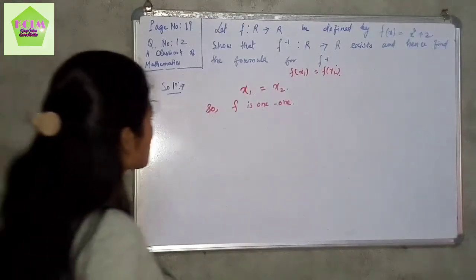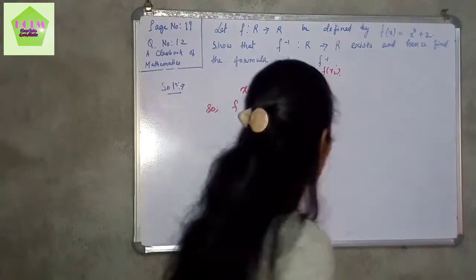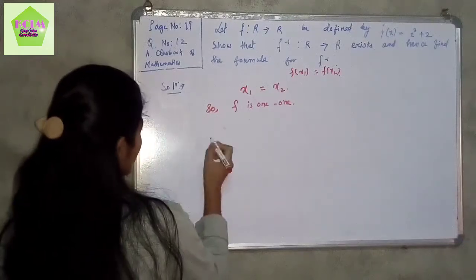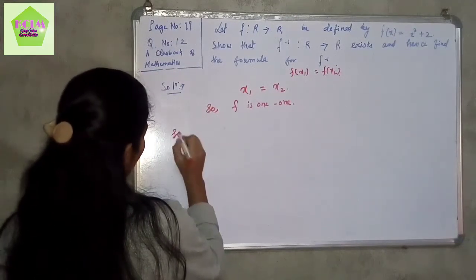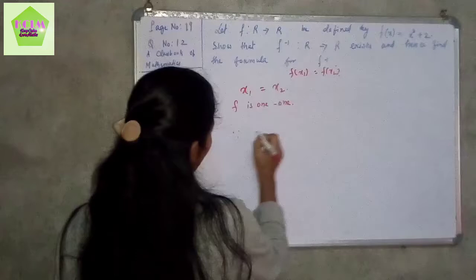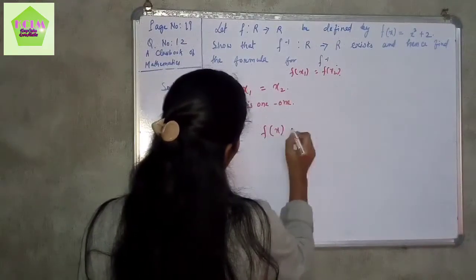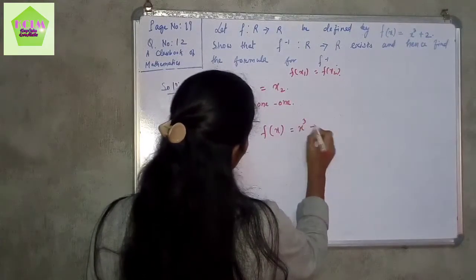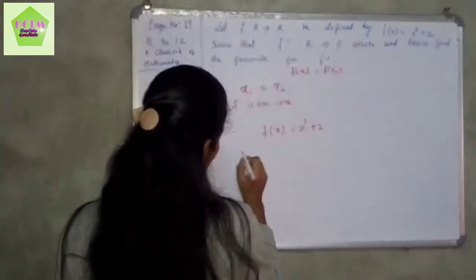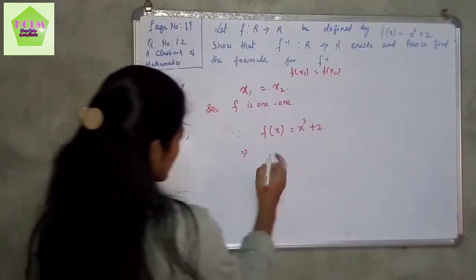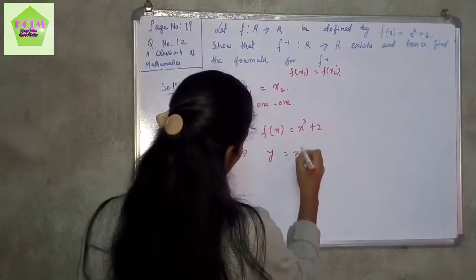Now to show that this function is onto, since f of x equal x cube plus 2, let us take this f of x as y equal x cube plus 2.